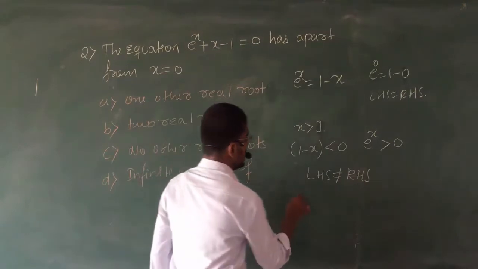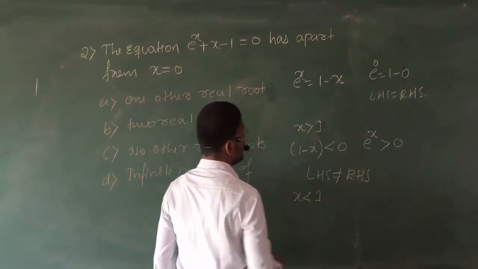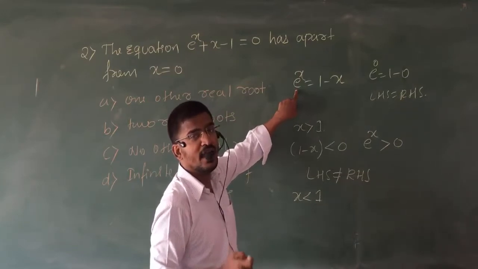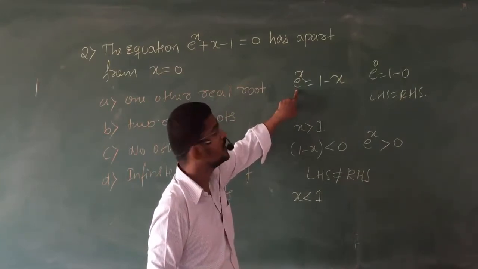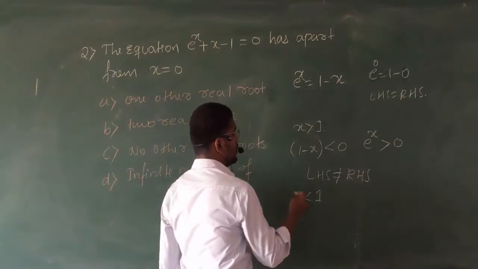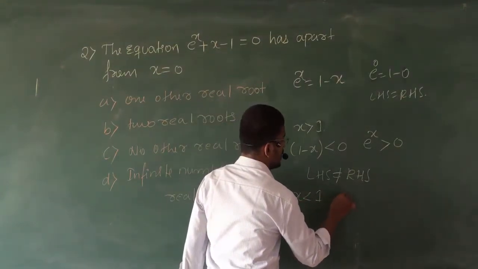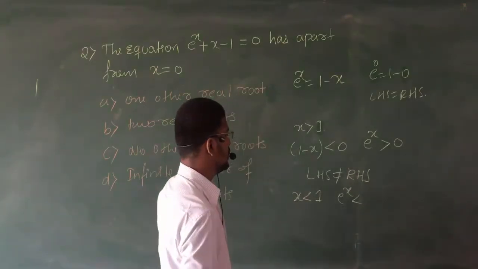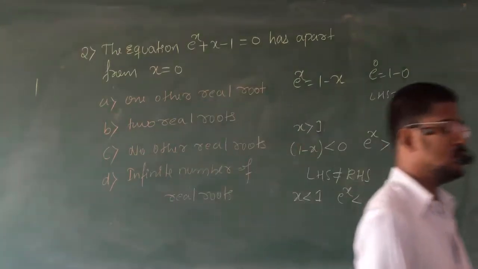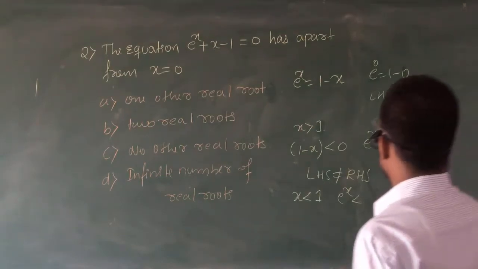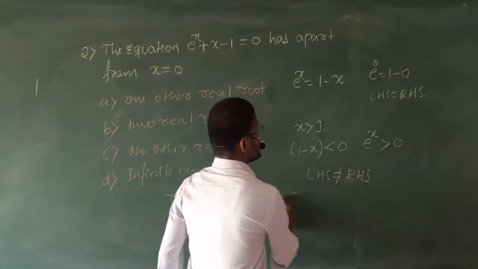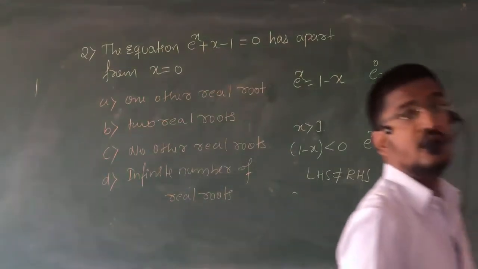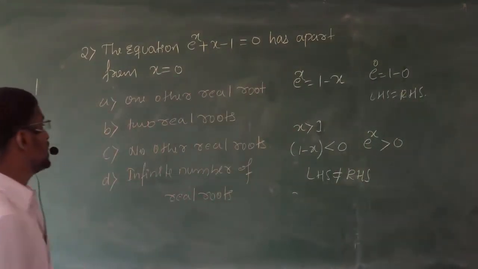If x is lesser than 1, this will be 1 by a lesser term, that means e to the power of x will be lesser than that. So LHS is not equal to RHS, therefore there are no other real roots.